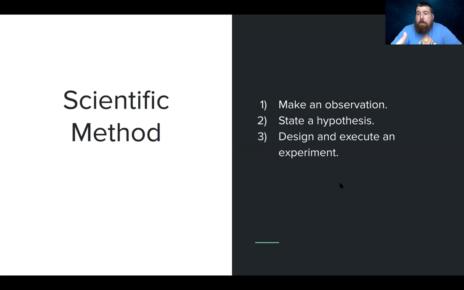Once you propose your hypothesis, you test it by designing and executing an experiment. You make some sort of conclusion, whether it's supporting your hypothesis or refuting your hypothesis, and then you repeat. You always want to further understand the substance that you're studying in the natural world. Science is never a one and done process, as much as a lot of people will lead you to believe.